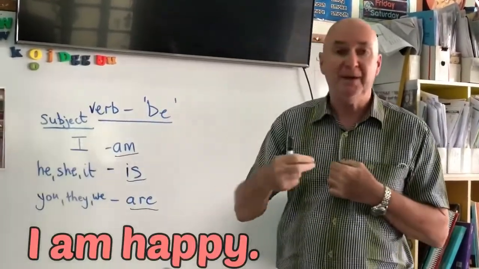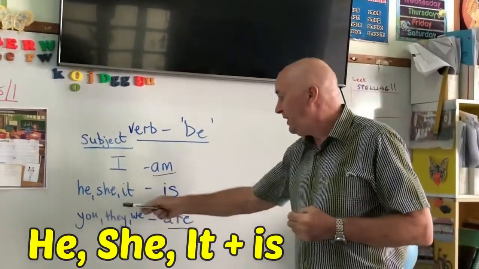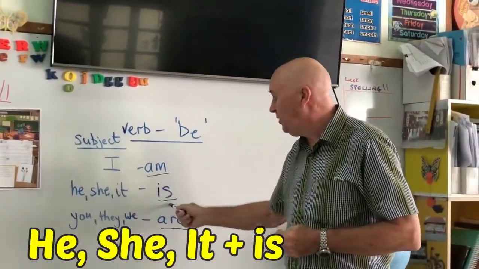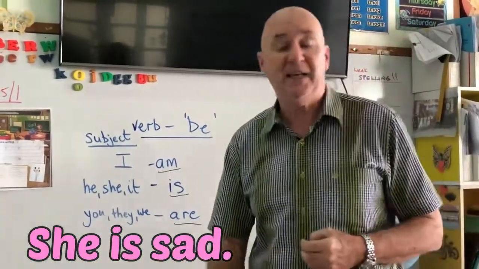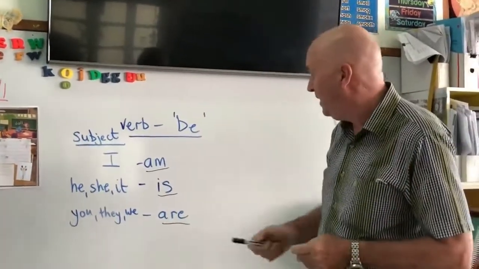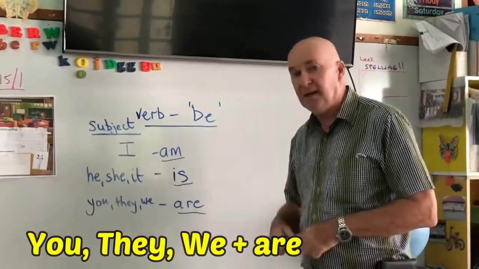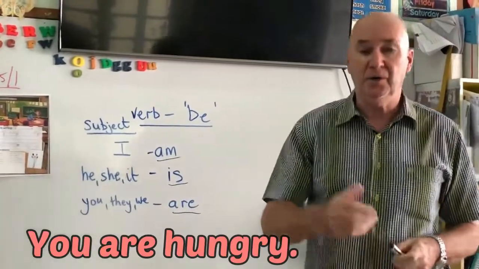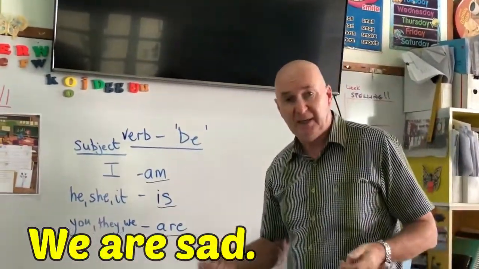I am happy, I am hungry. Okay? If the subject is he or she or it, we use is. He is happy, she is sad, it is hungry. And if the subject is you, or they, or we, we say are. You are hungry, they are happy, we are sad.